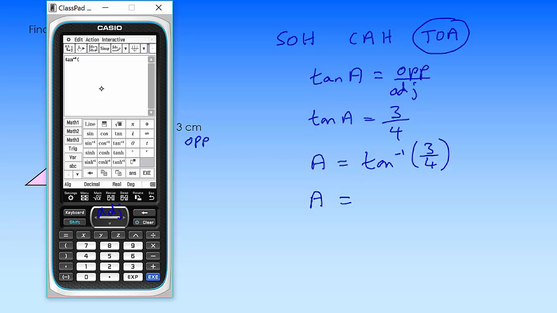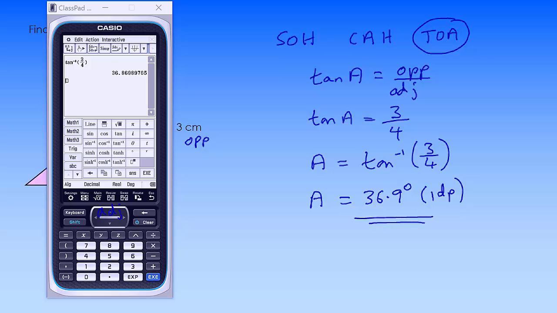So writing this down reminds you that that's what you're going for. Then I can use a fraction and go 3/4, close the bracket and execute, and I get my answer, which is 36.9 degrees. So 36.9 degrees if I go to 1 decimal place.